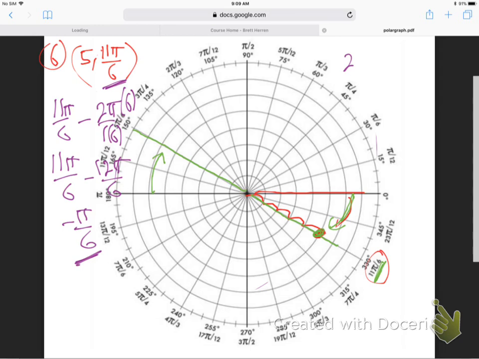See how it's the same amount from the x-axis in those 2 quadrants? Those are on the exact same line, same direction. Does that make sense how I found that? Same reference angle. So face the cannon this way, which is 5 pi over 6. Face the cannon at 5 pi over 6.